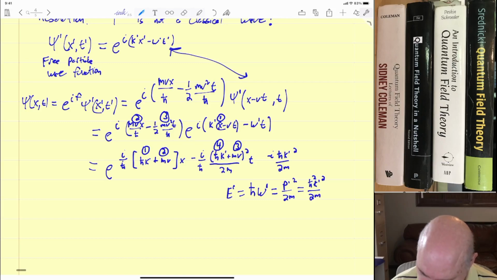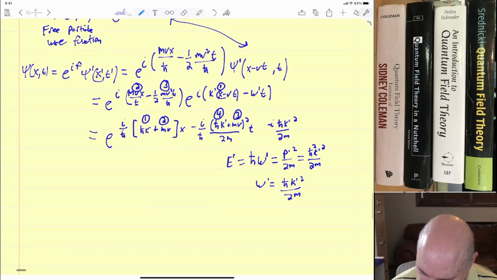So we get that omega prime is equal to h bar k prime squared over 2m. So this ends up going to minus i omega prime, which is exactly what I want. Term 4, minus i omega prime t.